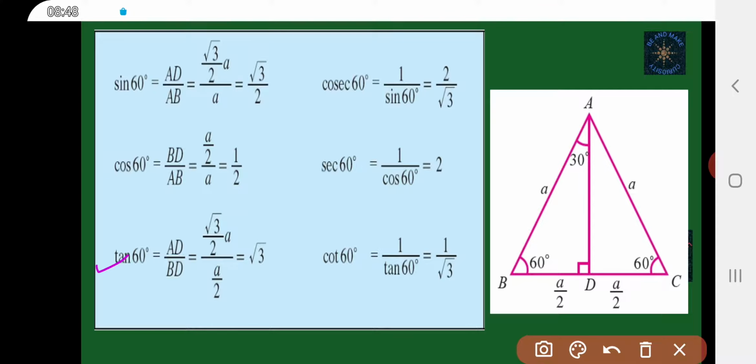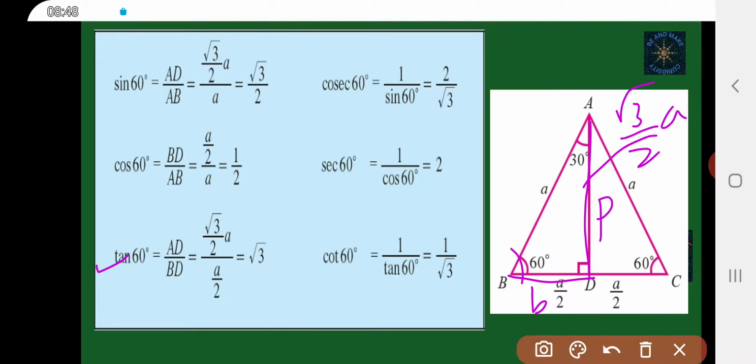Then come to tan 60 degree. Tan 60 degree what? For this angle base is BD and P is AD, and AD is equal to root 3 by 2A.